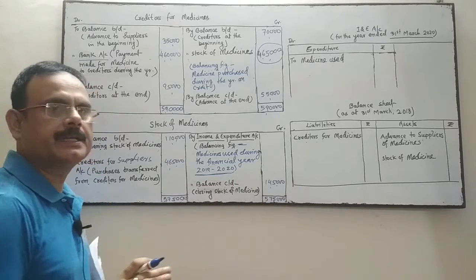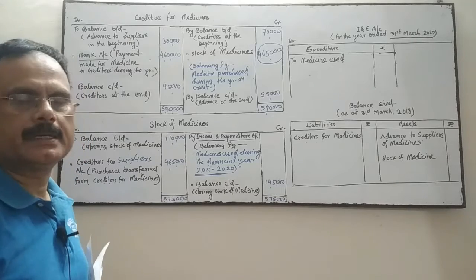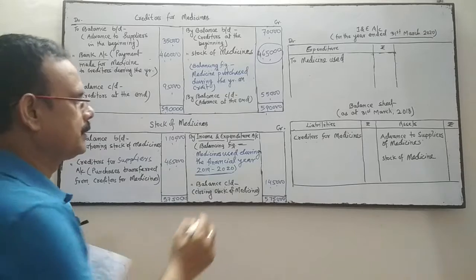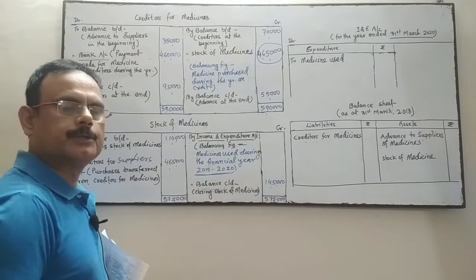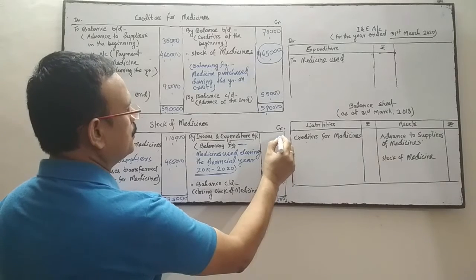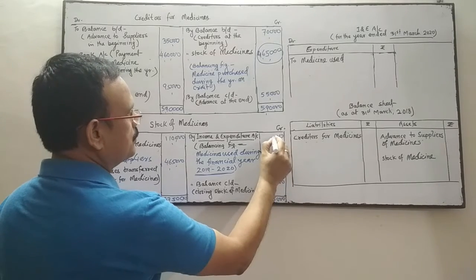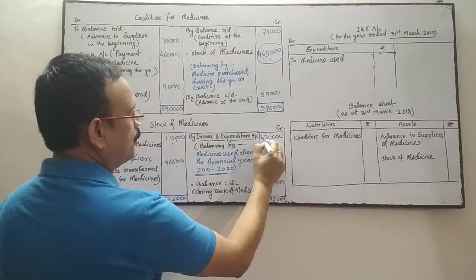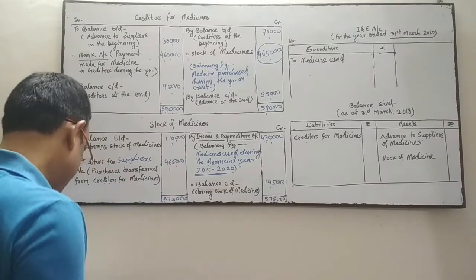This much medicine is used in the hospital during the year 2019-20, so this amount is calculated through the balancing figure. The balancing amount is 4,30,000.